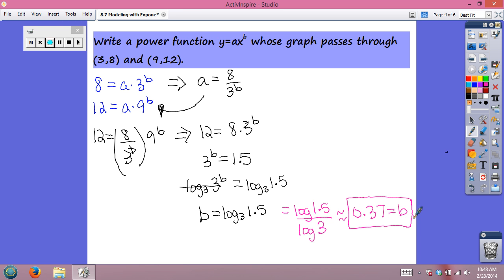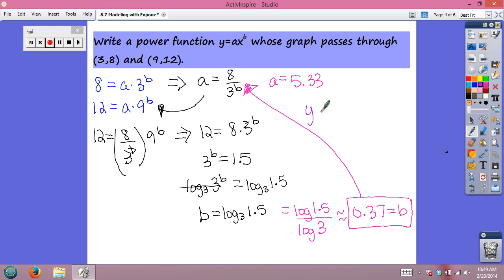So now that we have our b value, we can plug that into our equation up here. And that will give us that our a value is equal to about 5.33 after you've computed everything. So we have our a value, we have our b value.